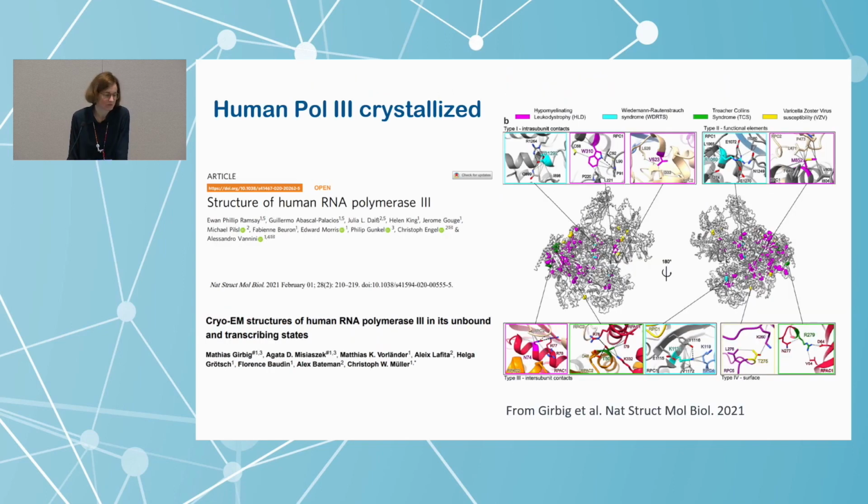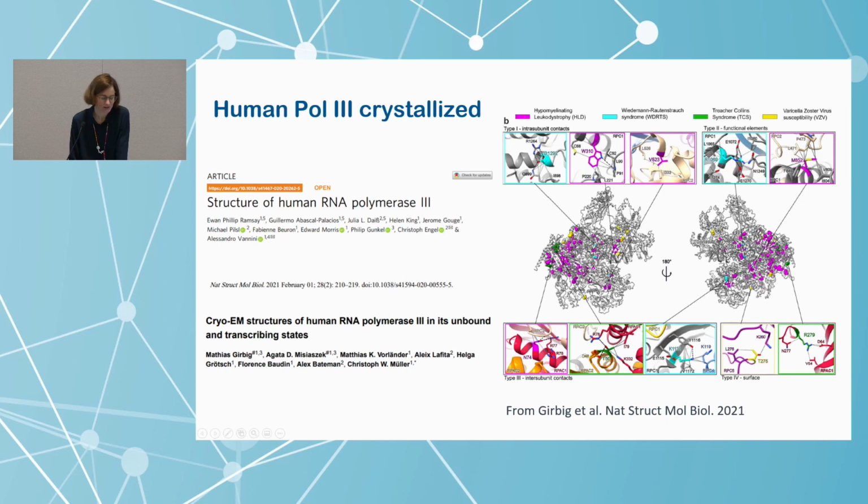There has been a big progress, of course, in the structure of the human polymerase III. There is now a crystal model. In the first publications, all the variants were mapped on, I think, a yeast polymerase III. So that helps already, of course.